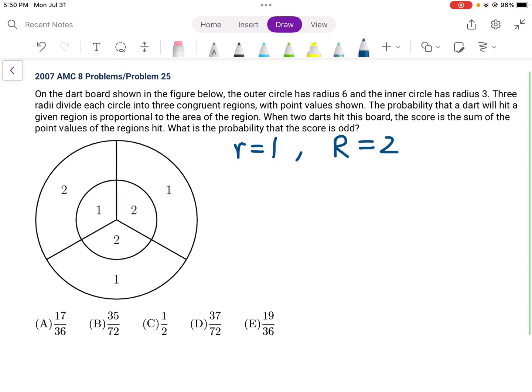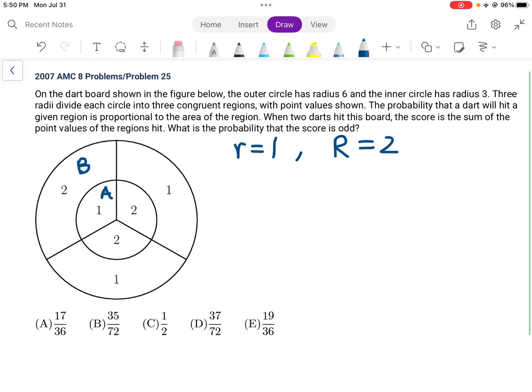Therefore, their proportion is still 2. Now, let's assume the area of where 1 is in the inner circle is A, and the area where 2 is, between the outer circle and the inner circle, is B.